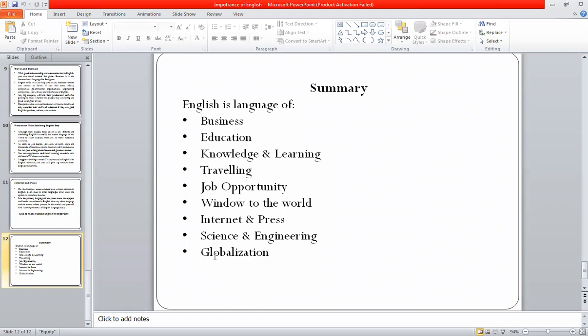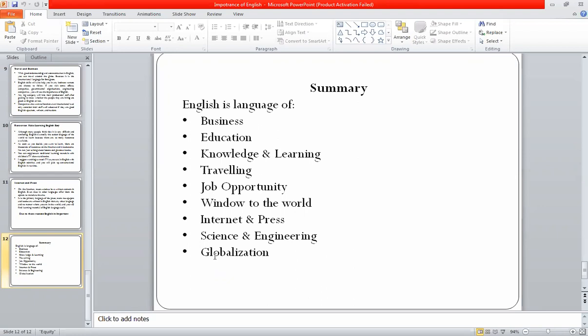We can find that they use the English language for interviews, and when you become part of their company, when you get any posting such as senior engineer or supervisor, you will have to use English for communication with your colleagues. So for business purposes, it is the most important language.